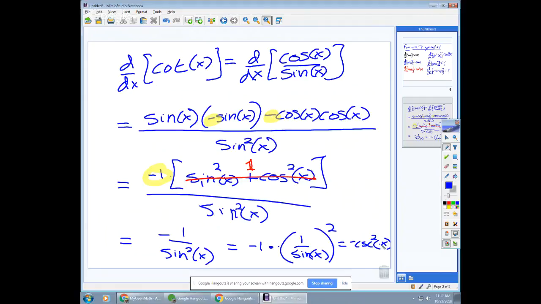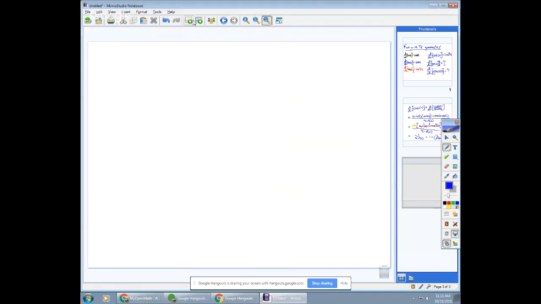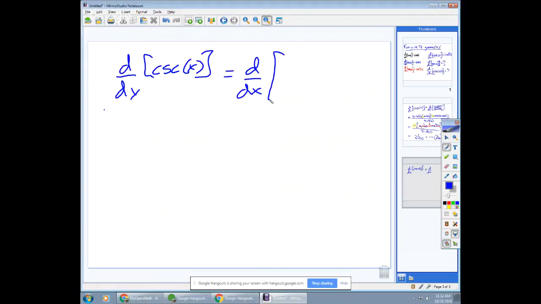Excellent. Let's do the cosecant. So cosecant is also known as 1 over sine. So this would be the derivative with respect to x of 1 over the sine of x. And guess which rule I can use on that? The quotient rule again.